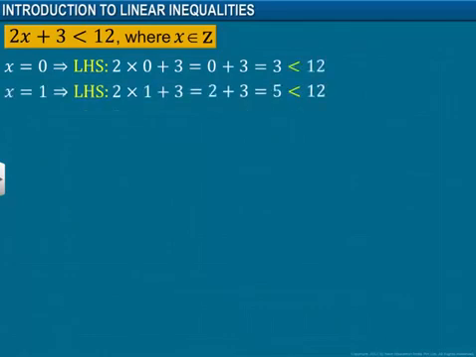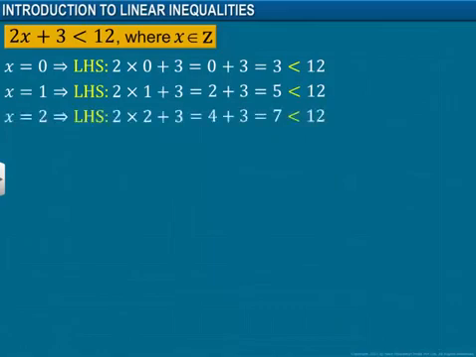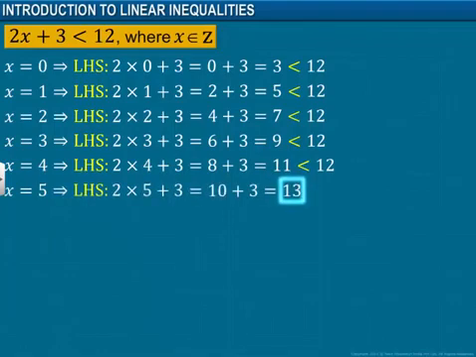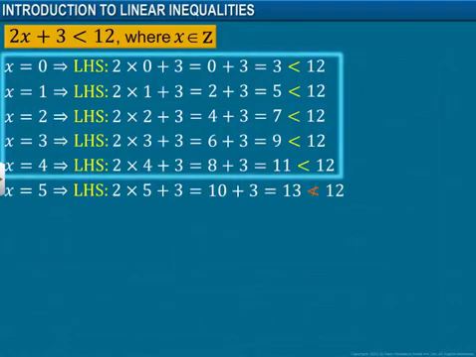Next, we keep on substituting the subsequent values. We observe that when we substitute 5, we get the value on the left-hand side as 13, which is not less than 12.